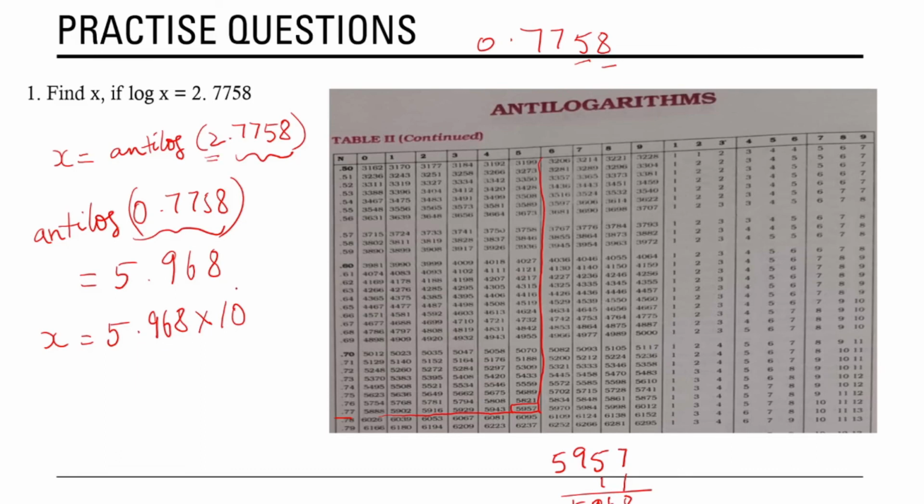So that is 10 raised to 2. So the characteristic is 2. So the value of x is 5.968 into 100, so it is 596.8. So this is how we find the antilog of a number, so that we can find the number x when the log of the number is given. You can find the given number by using antilog tables.